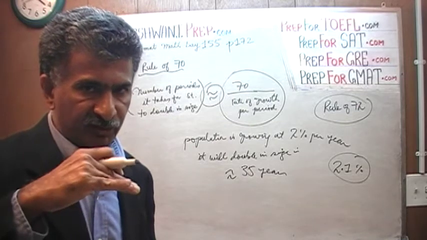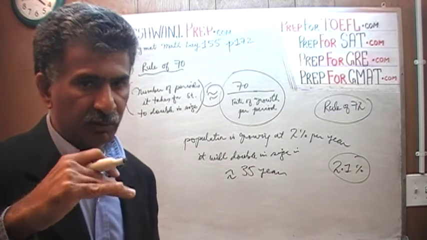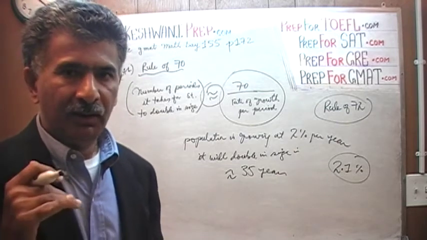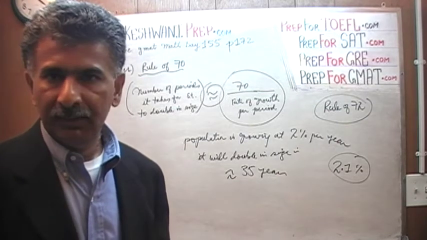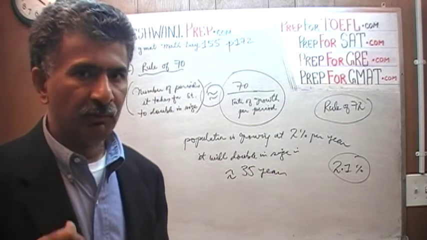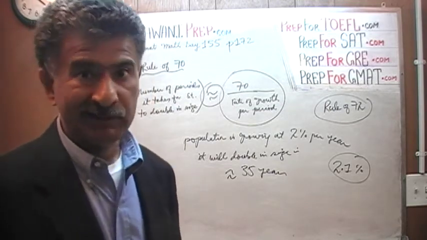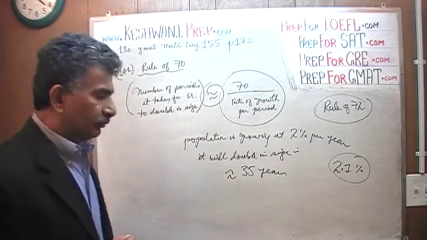So if it's just the natural growth of the population, 2.1% is what is known as the replacement rate. That's where the number of people being born equals the number of people kicking the bucket every year, as we put it so sentimentally. Anyway, so that's what's going on here.